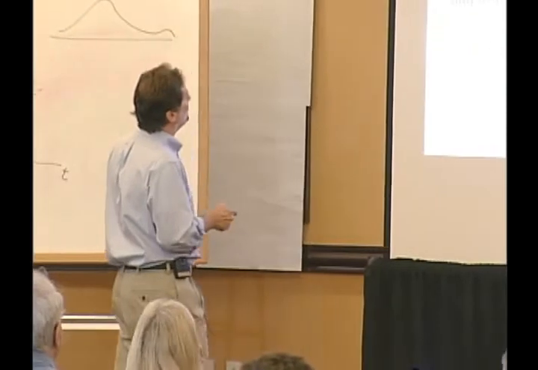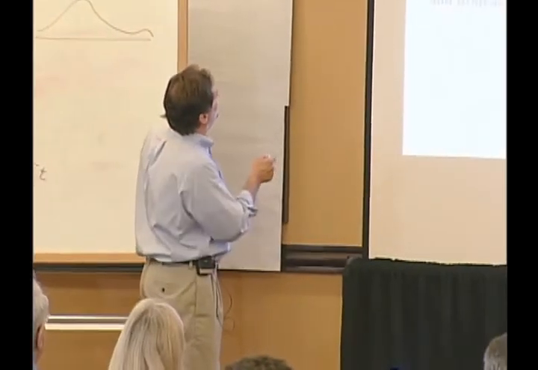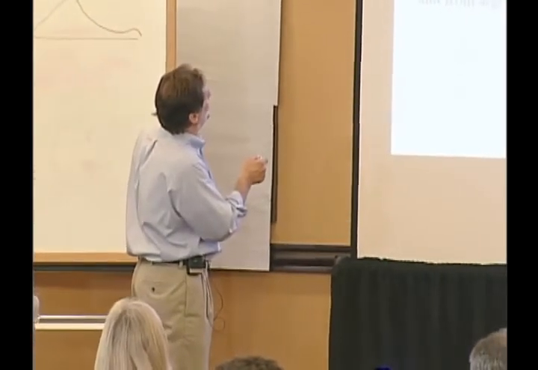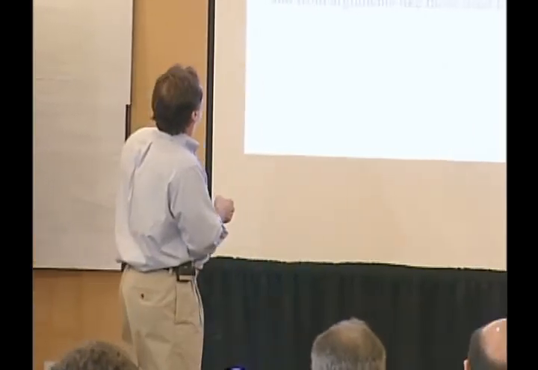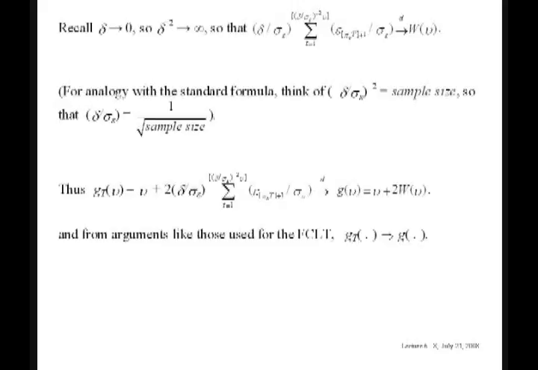Okay, so remember delta is going to 0. Oh, this is nice. Delta is going to 0. So that must mean 1 over delta squared, for example, is going to infinity. So what do we have up here? Well, I'm really averaging this over how many observations?